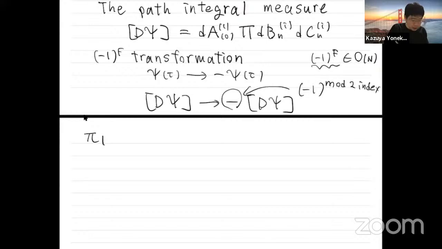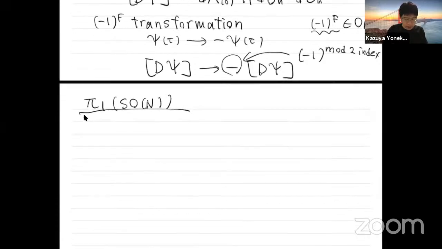Okay, and next, I'd like to talk about an anomaly which is related to pi1 of SO(N). And just for simplicity, let me just take n equal 2 because nothing changes in higher n. So just take n equal 2.